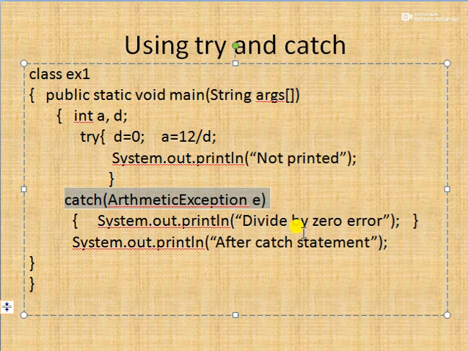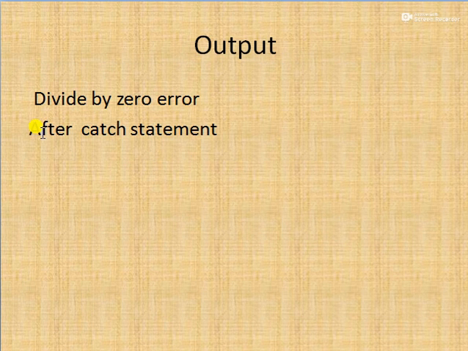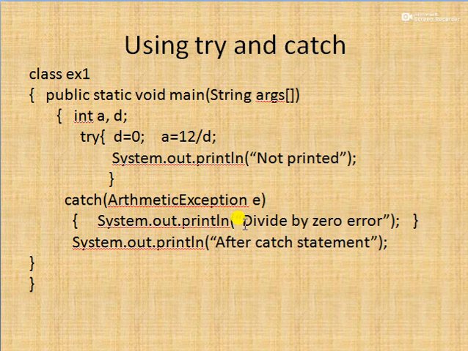Then System.out.println "divide by 0 error", because it is the divide by 0 error. You should not divide any variable by 0. After this catch statement, we'll write a simple statement. Now the output of this will be the divide by 0 error, which is in the catch statement.